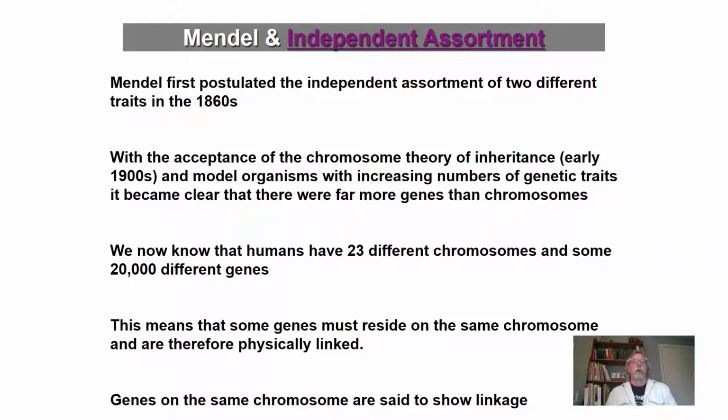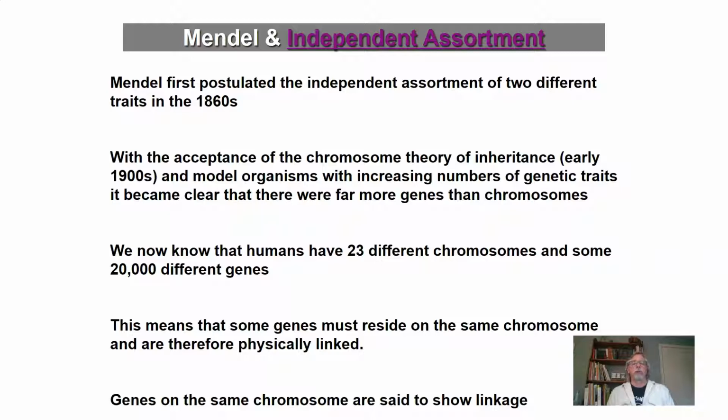In the early 1900s, geneticists realized that organisms had multiple chromosomes that carried genes. However, they noticed that the number of chromosomes was relatively small and the number of genes was relatively large.